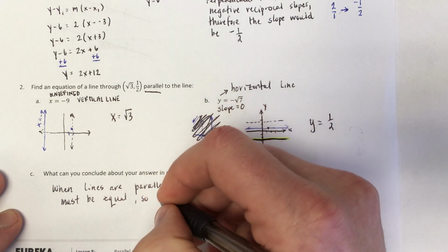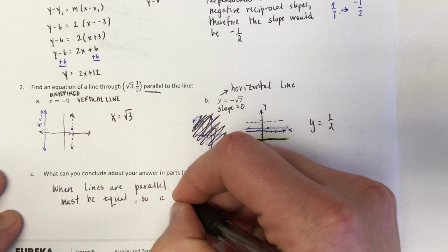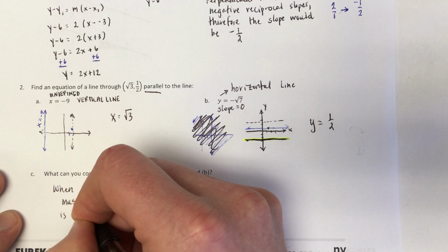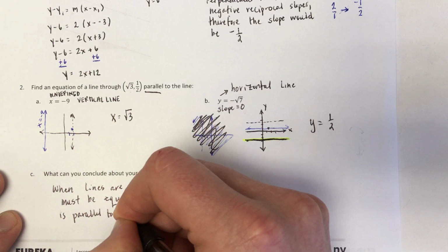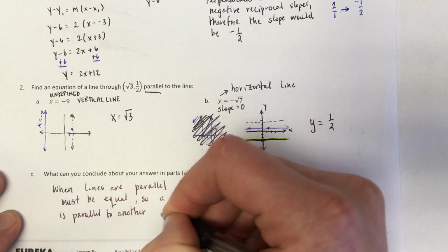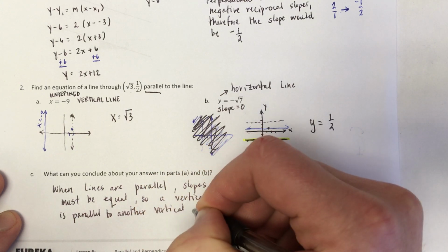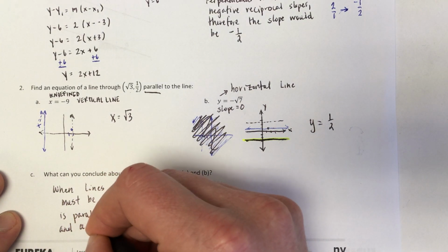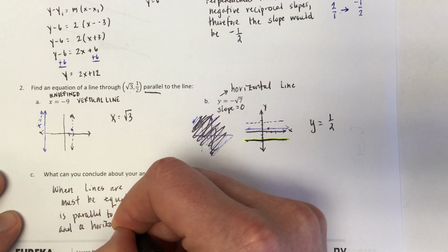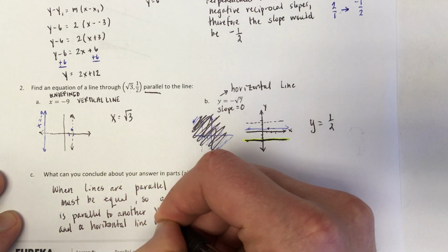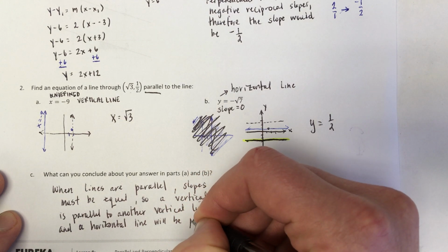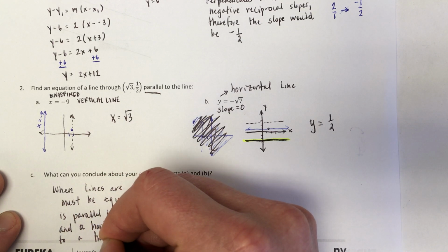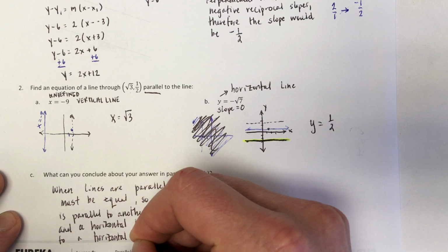So a vertical line is parallel to another vertical line, and a horizontal line will be parallel to a horizontal line.